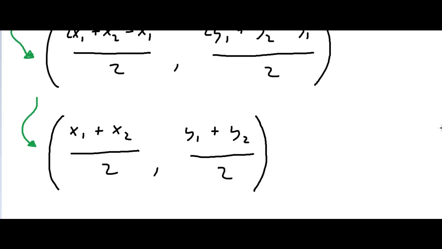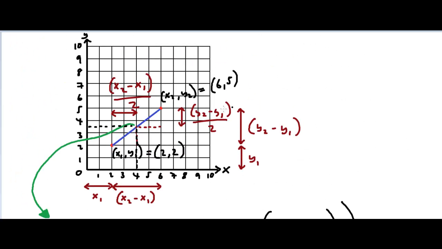Now the key to understanding this formula and how it was derived is to look at this diagram over here and acknowledge that this length from x is 0 to x is 4 in this diagram is actually x1 plus x2 minus x1 divided by 2.